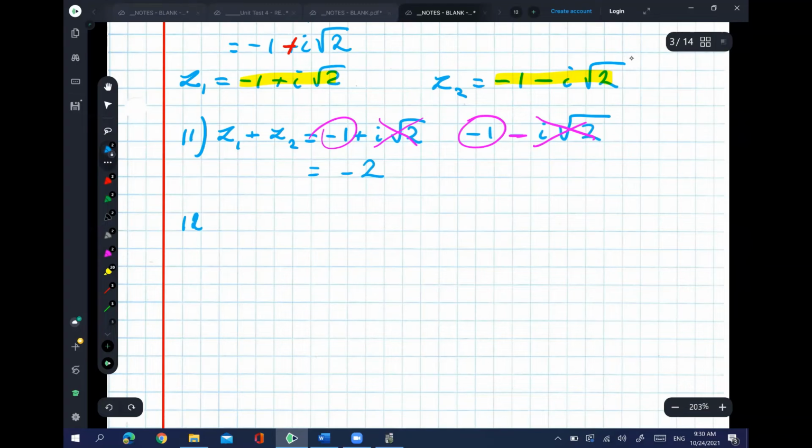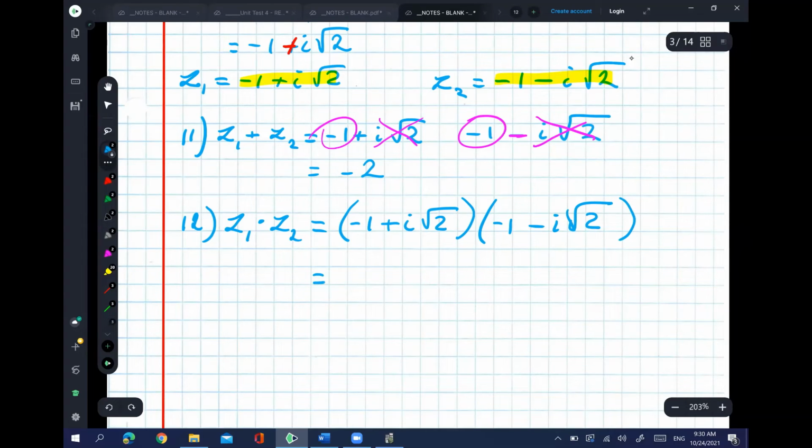And finally, last question, if I multiply them, I will have negative 1 plus i square root of 2 times negative 1 minus i square root of 2.